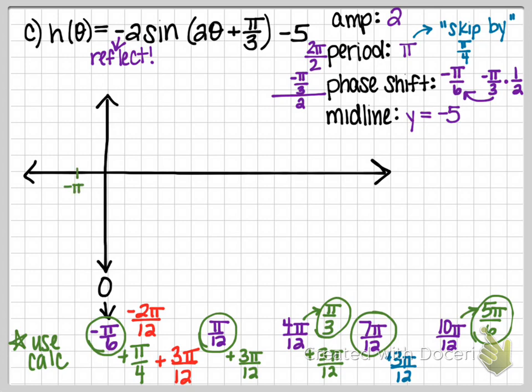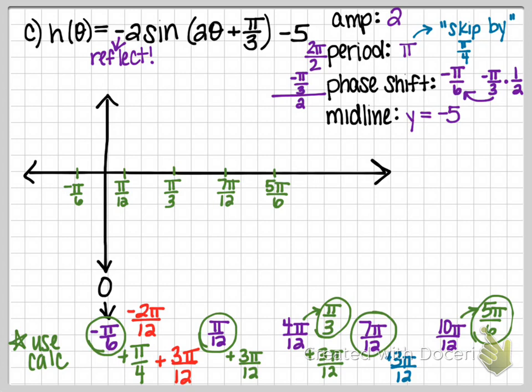So I'm going to start off at negative pi over 6. Then I am at pi over 12. Then I'm over here at pi over 3. Then I'm over here at 7 pi over 12. Then I'm over here at 5 pi over 6. Alright, so we got that phase shift figured out.